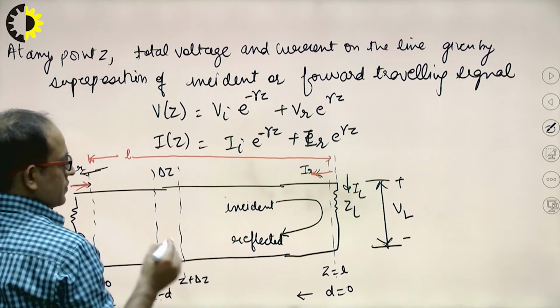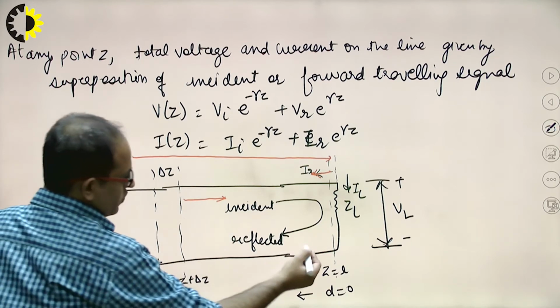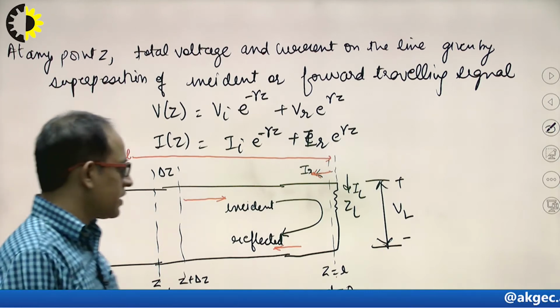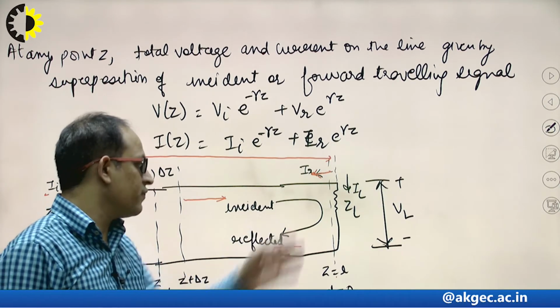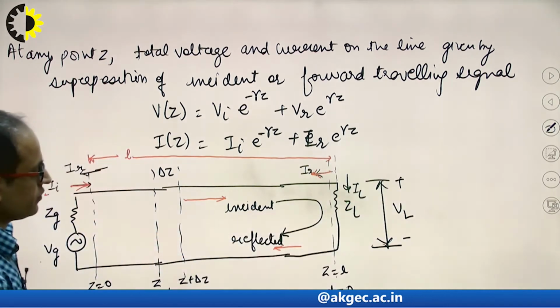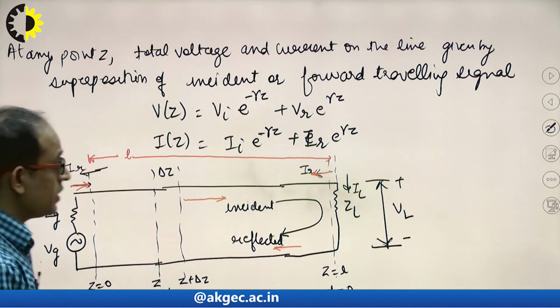Now this one is the incident direction, and this one is the reflected, and this reflected voltage or reflected current will occur only when there is a mismatch at the load side, when there is a mismatching of impedance.